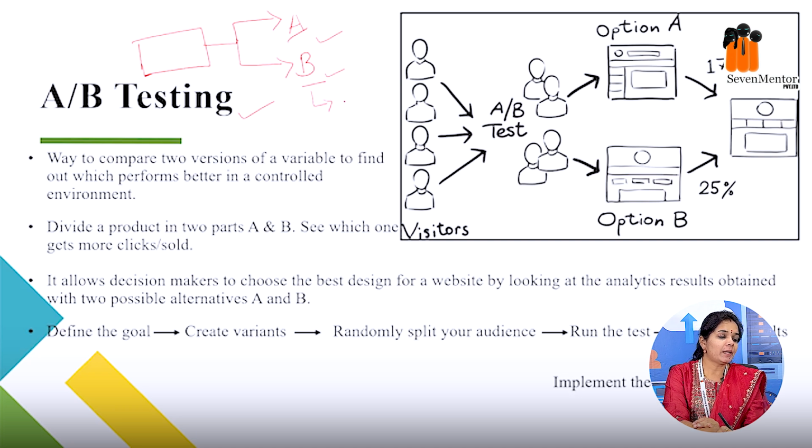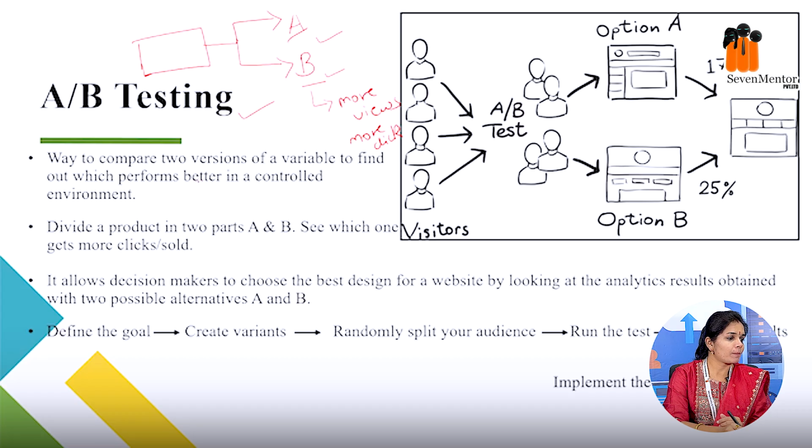So I am getting more views, more clicks for B. Then what will I do? I'll be going with the B advertisement, B posters, so that I'll get more and more sales for the product.